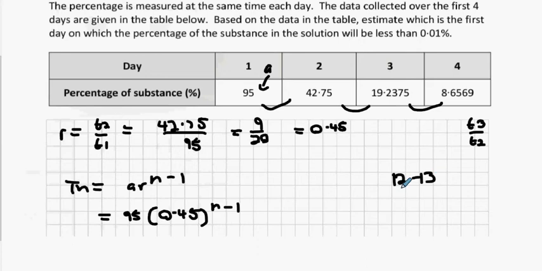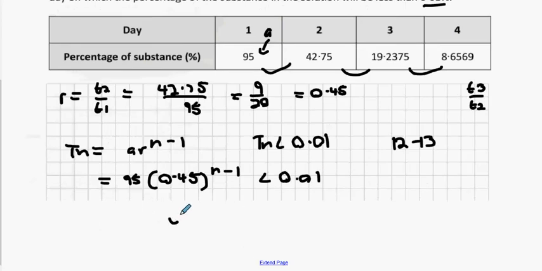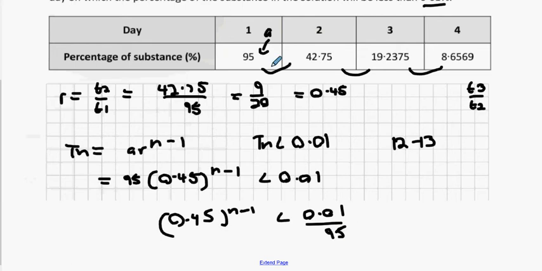Okay, so here's what we're going to do. Tn has to be less than 0.01, which means that 95 times 0.45 to the n minus 1 is less than 0.01. Divide both sides by 95, so 0.45 to the n minus 1 is less than 0.01 over 95. It's in the power position.